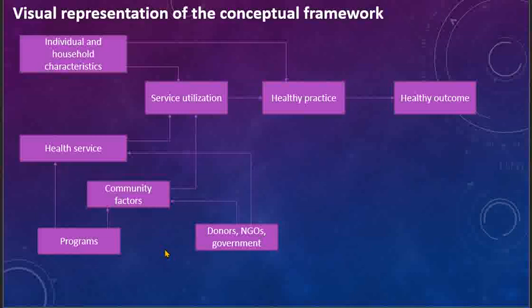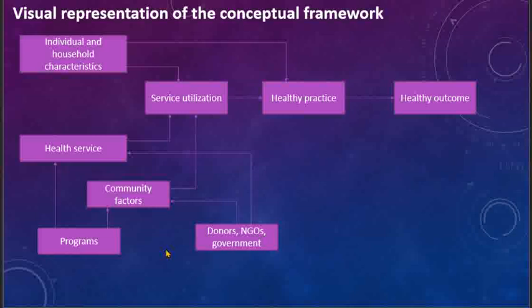If the belief of the community is against vaccination, then of course there will be some input from the government, the donors and the NGOs to help the community accept this intervention that will lead to service utilization. Of course, individuals and households have their perception toward service utilization. So this will also lead to service utilization.